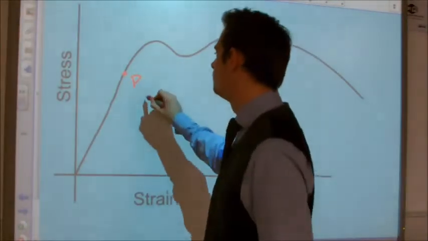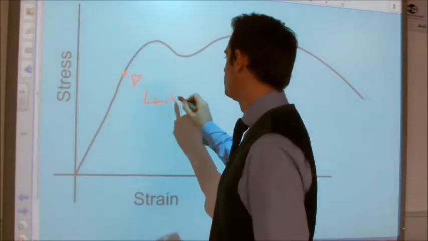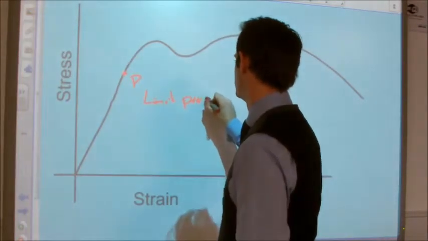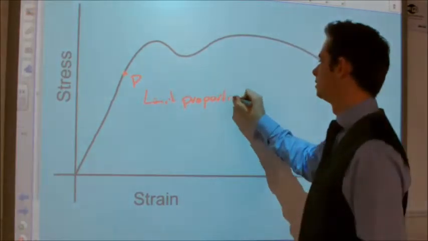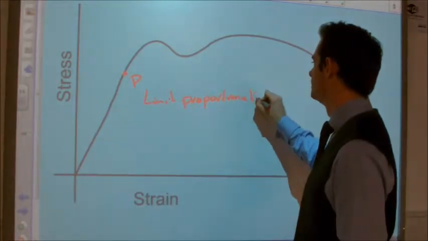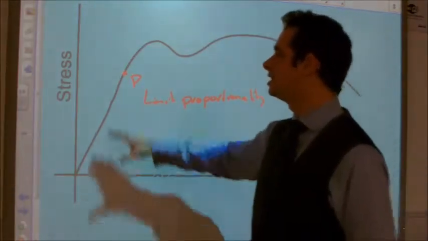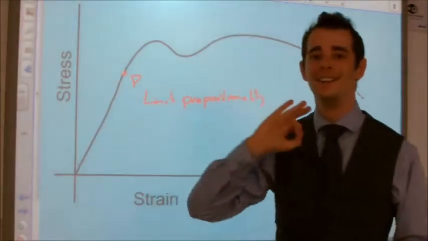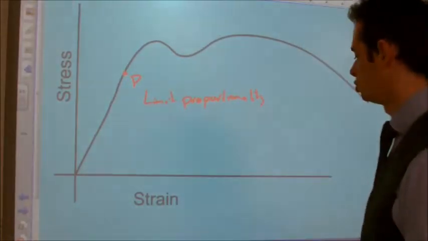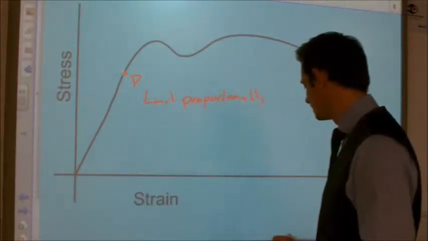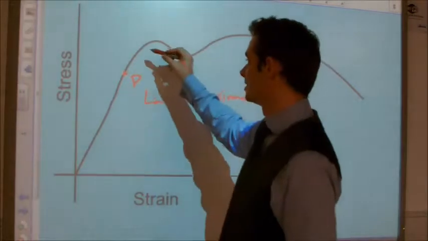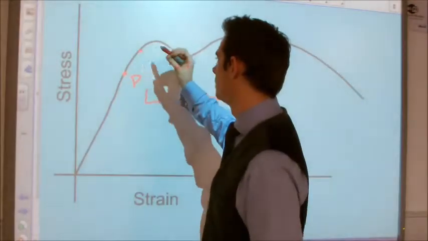Sorry, it's a bit of a mouthful. So I'm going to add that onto my graph. I suggest you do the same. Limit of proportionality. This is the place where the linear part of the graph stops. Now it's not quite the same as the elastic limit, which is up here.